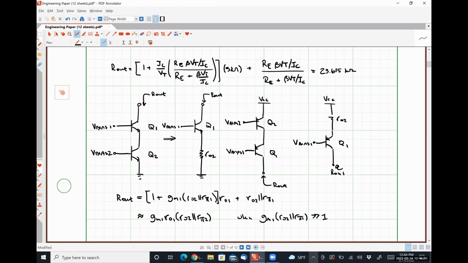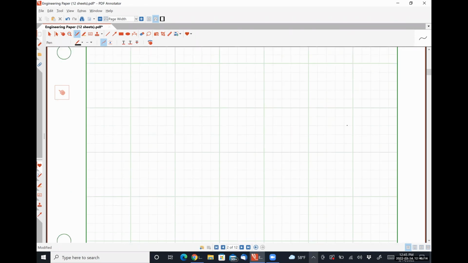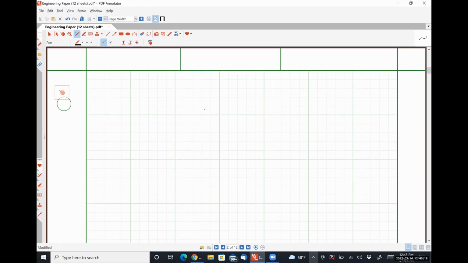So if we repeat our previous example with a cascoded transistor, we have the following circuit.